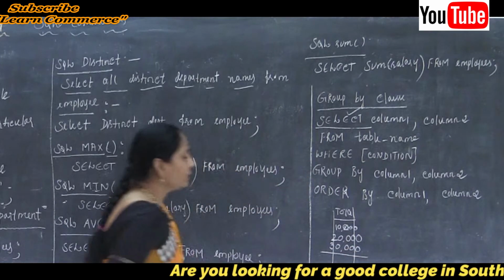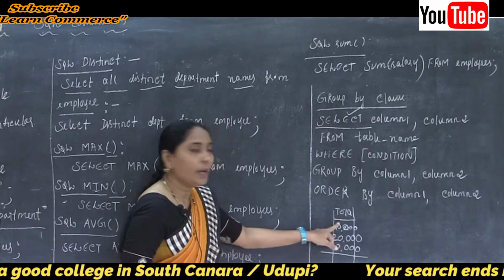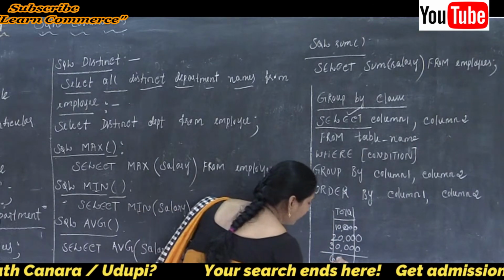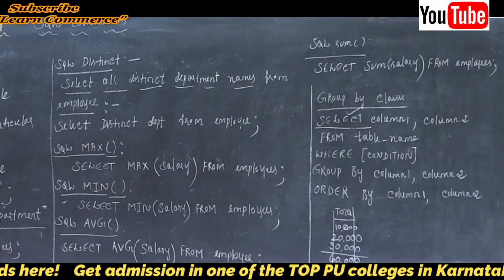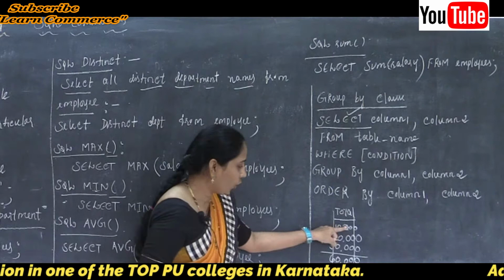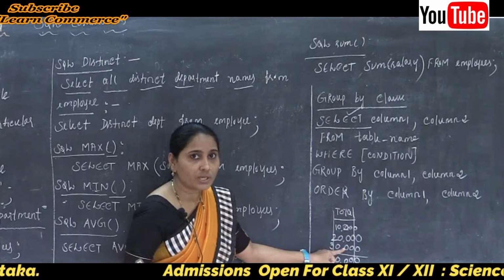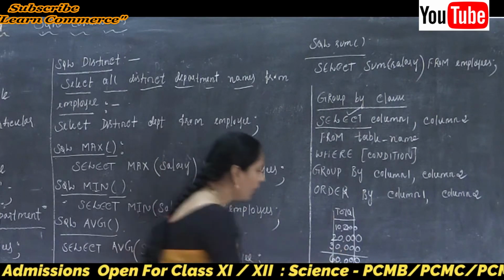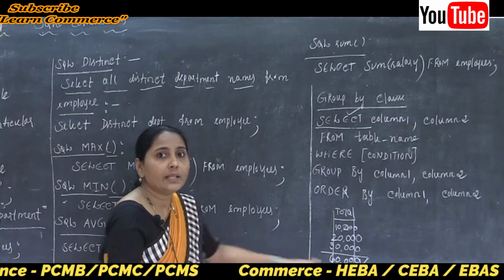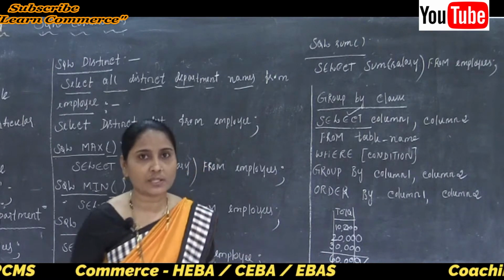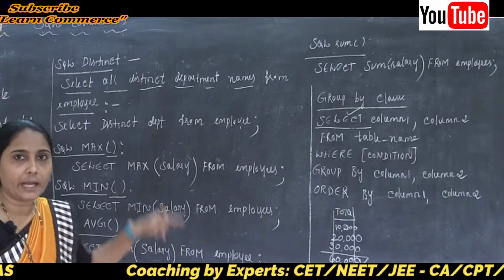The total is 30 plus 20 is 50, plus 10 is 60. So it operates on a group of rows, record 1, record 2, record 3, and returns one value, here 60,000, for the entire group.